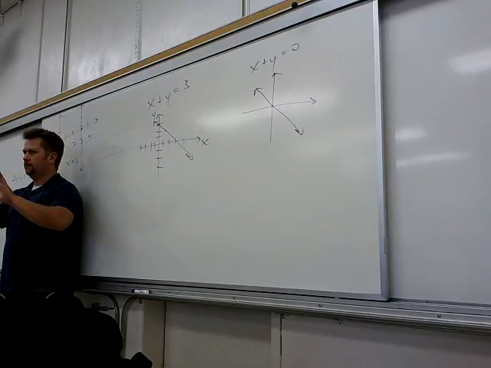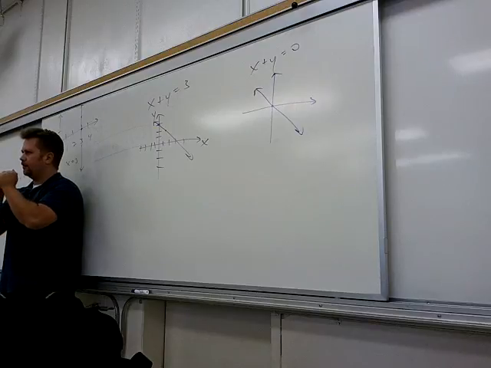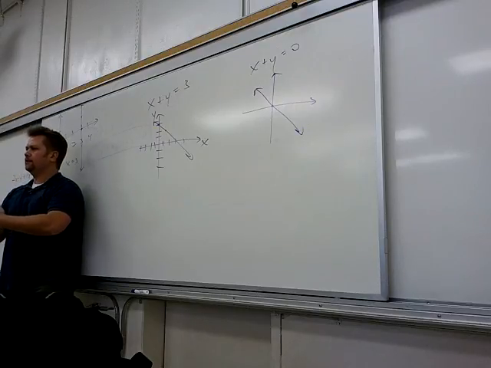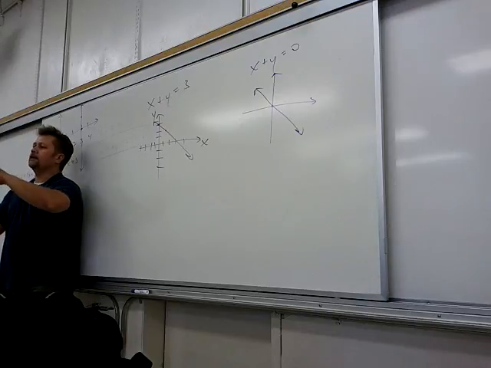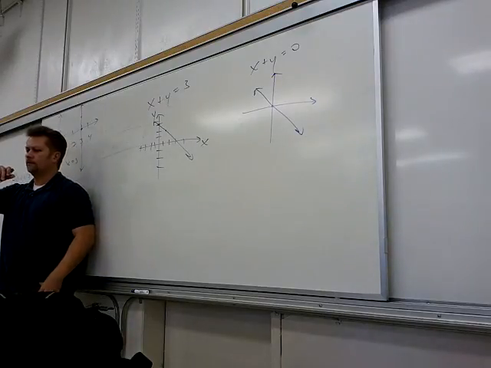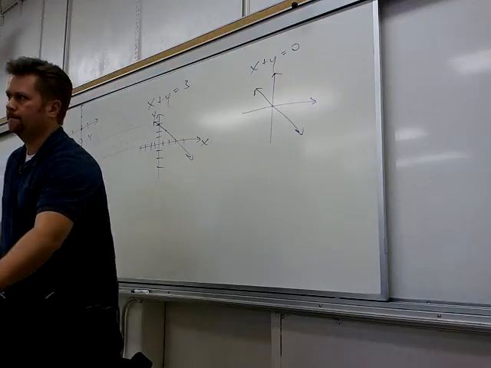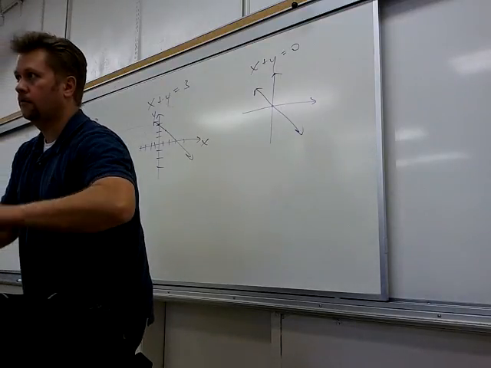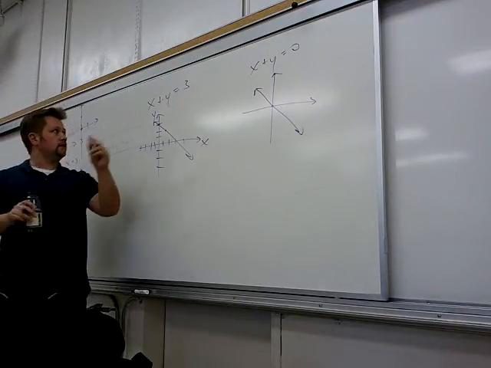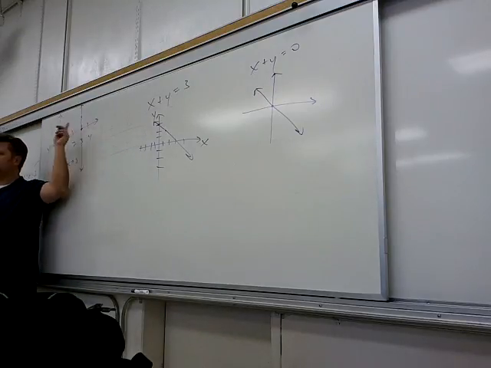How are we doing so far? Does everybody get a feel for this? I like this idea. This is a way to step into these surfaces in 3D, is to see what connections they have with what we already know. Are you defining x plus y equals 3 as just a line in the xy plane? That's how I started. Just like here, I started with just a one-dimensional number line.